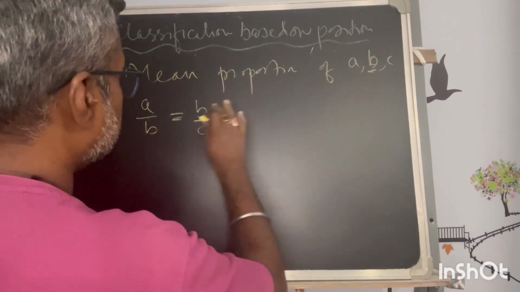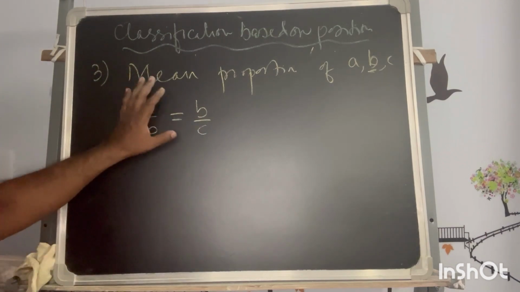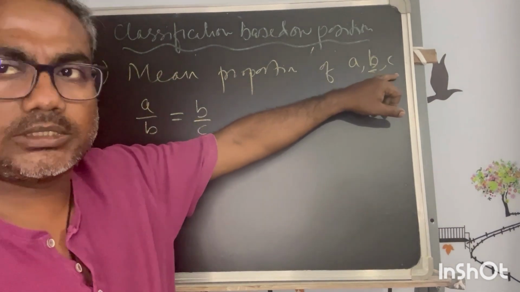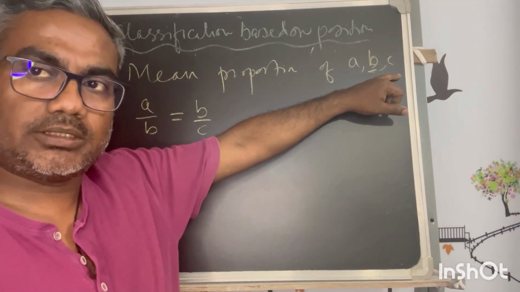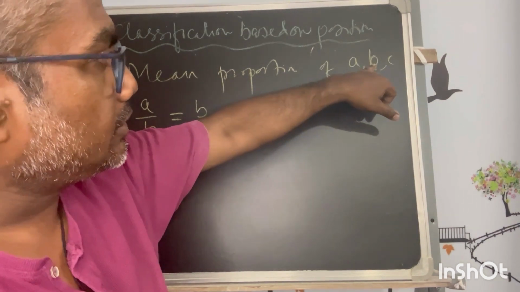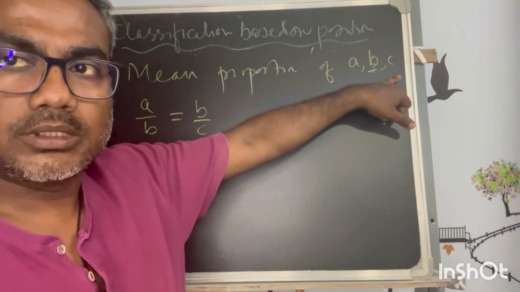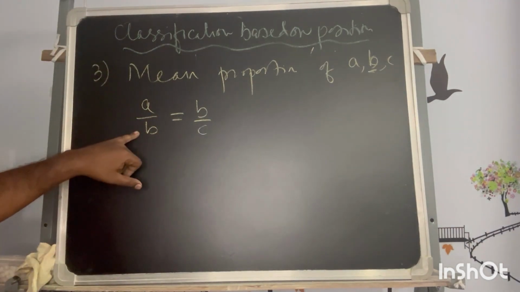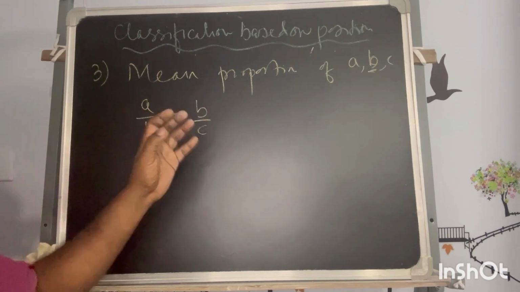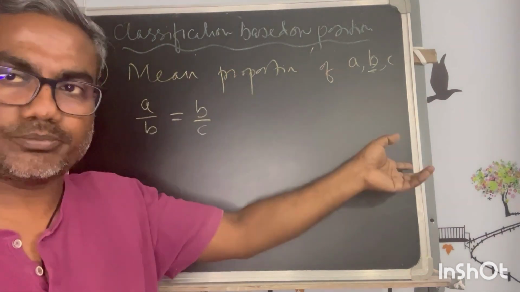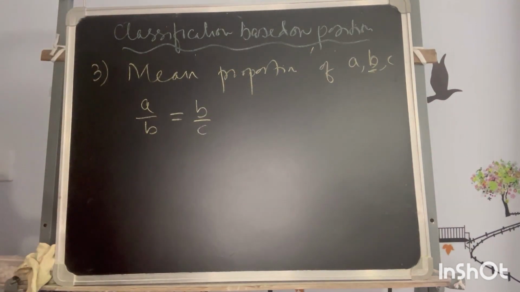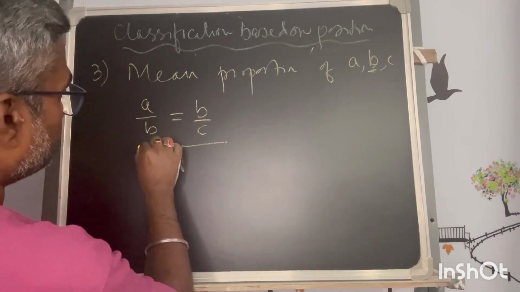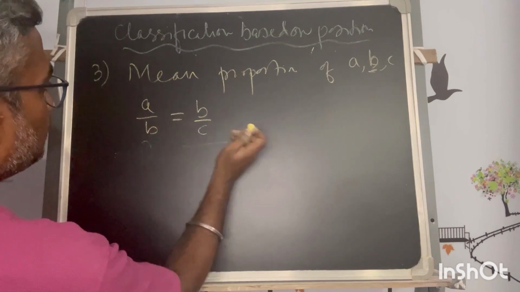Now in this case, even if it is not said that they are in proportion, while you are calculating the mean of three quantities, you have to take it into consideration that they are in continuous proportion. That means if I take a by b, then the next b by c has to be equal, that is continuous proportion.